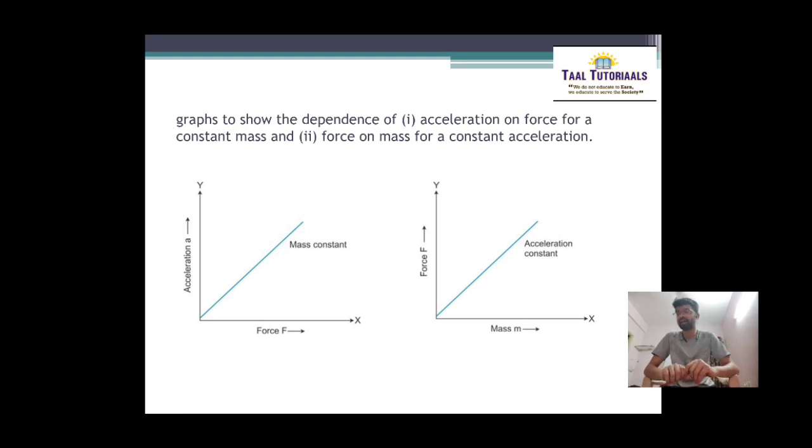For the second graph, the force needed to produce a given acceleration in a body is directly proportional to the mass of the body, that is, F is directly proportional to m. So a graph plotted for force F against mass is a straight line again. So we get the equation from these graphs, that is F is equal to ma.